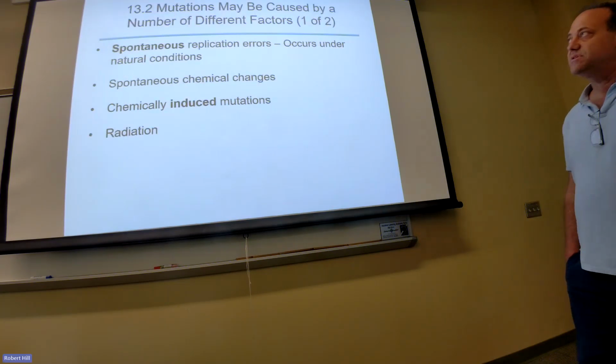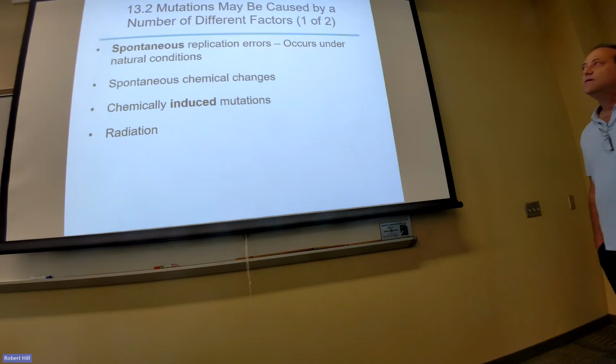All right, mutations can be spontaneous, right? This means that they occur under natural conditions. DNA polymerase has very good fidelity. It makes a mistake around 1 in 1,000,000 insertions. So every time it's building nucleic acid, there's only a mistake about 1 in 1,000,000 times. But it's still a mistake and it does occur.